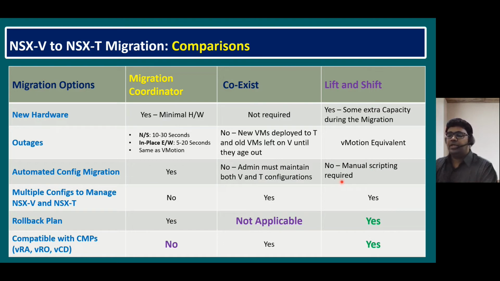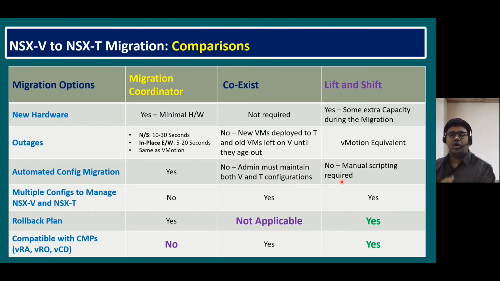So here manual scripting means, suppose you have 3000 virtual machines. If you want to migrate 3000 VMs from NSX-V to NSX-T, we would have to right-click all 3000 VMs, 3000 times. Instead of doing manual migration, we can use PowerCLI scripting with the Move-VM command. You can prepare a short script for all your virtual machine migration, map all your VMs in a CSV file and run that script.